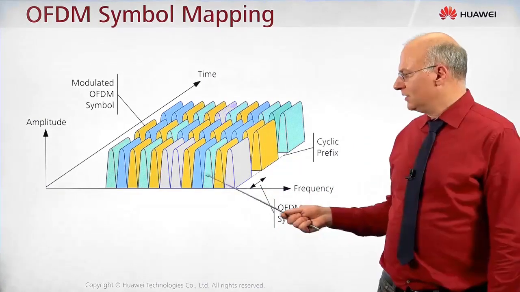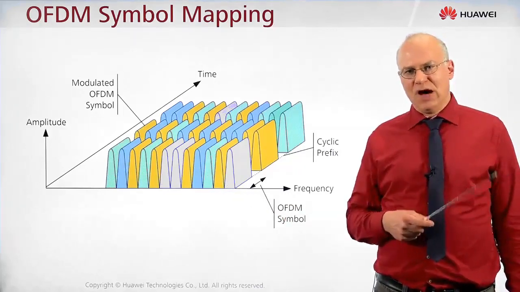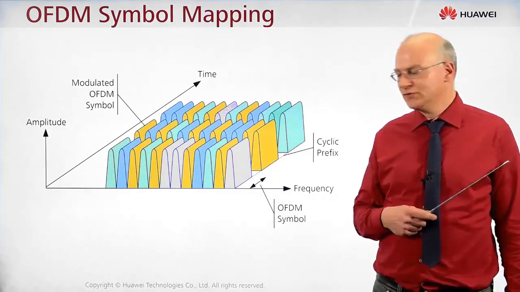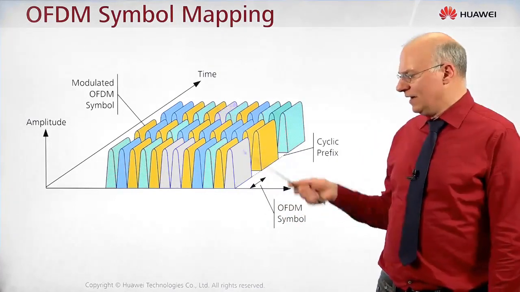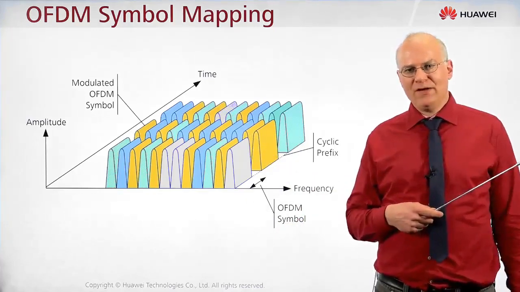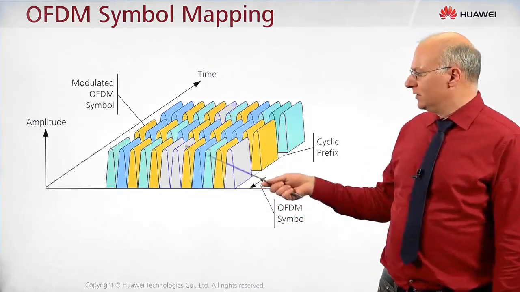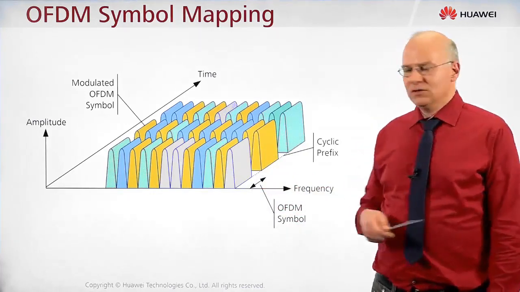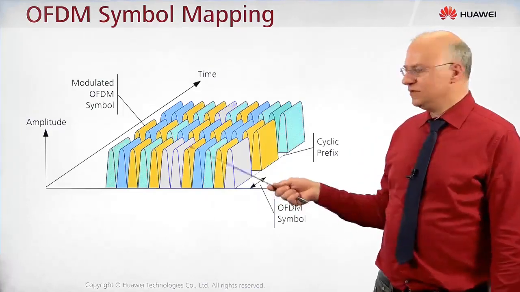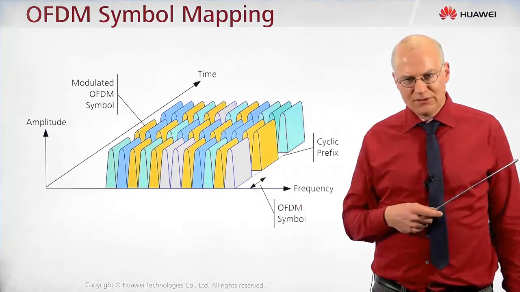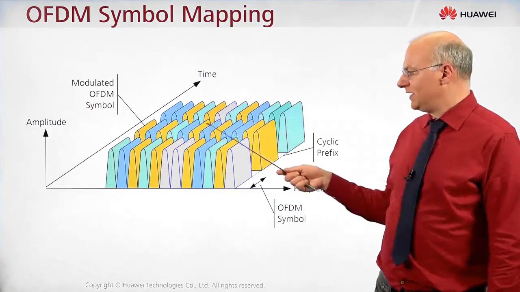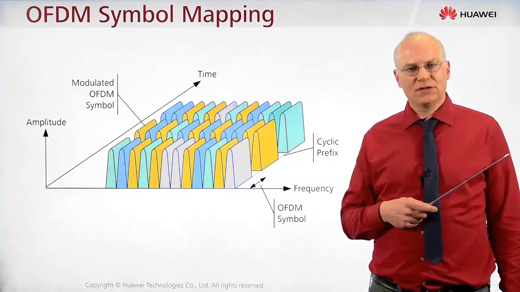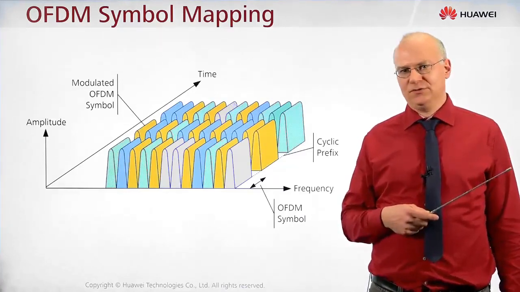And this is the smallest amount of bandwidth which can be allocated to one user. And then in the time frame, we have a time pattern. So signals for one user are only transmitted during 1 millisecond, and in the next millisecond, the allocation of the resources can be completely different.